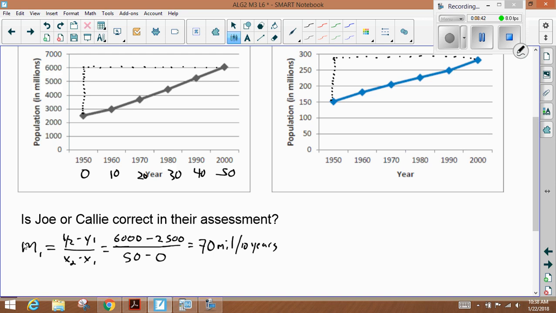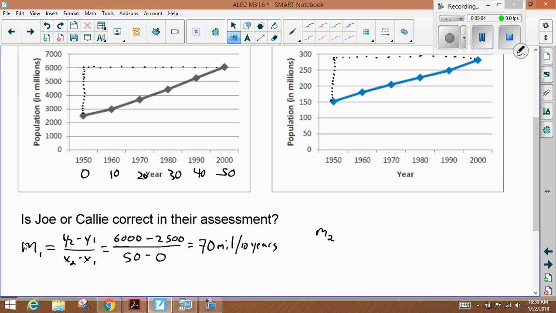How about our second slope over here? Well, it looks like, I don't know, this looks like 280 maybe? 275? Alright, fair enough. 275. I can't write.